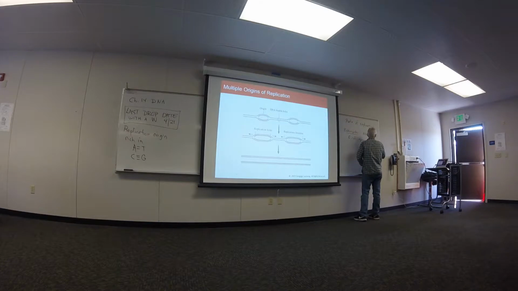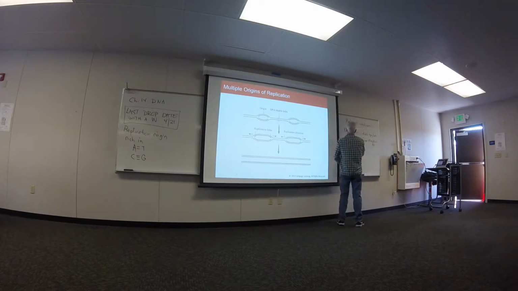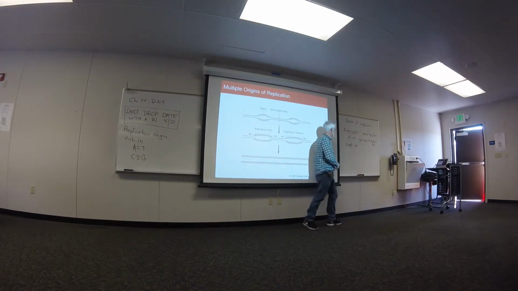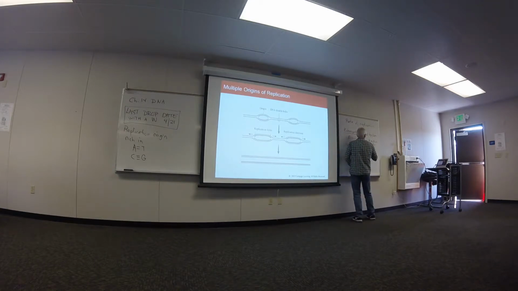With a single origin of replication, which we always abbreviate in molecular biology as ORI, which stands for origin of replication, they have a single origin. At this rate, they can copy the genome in about 40 minutes, with one single origin of replication.